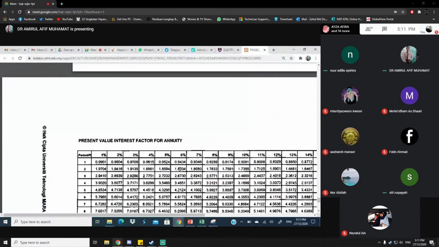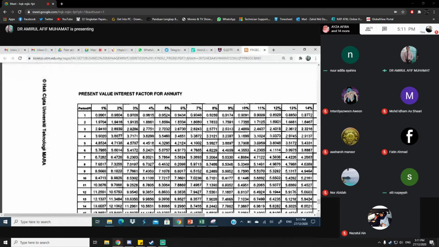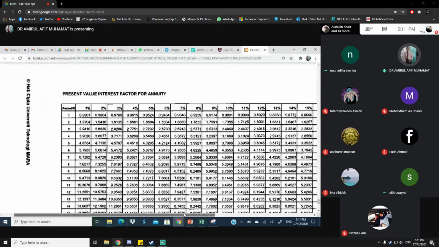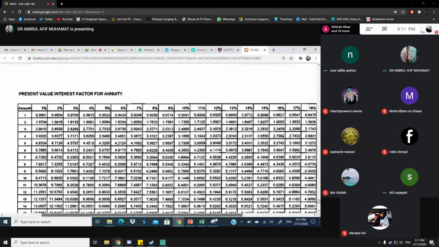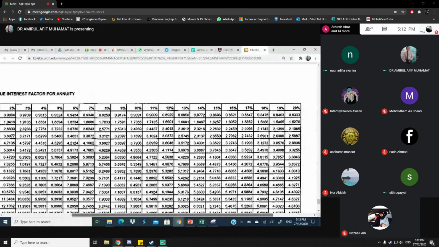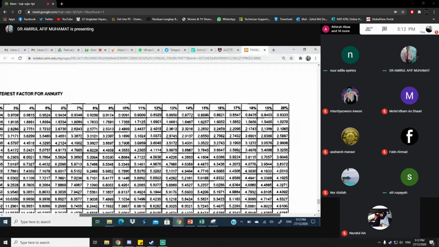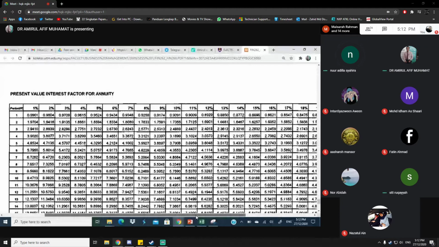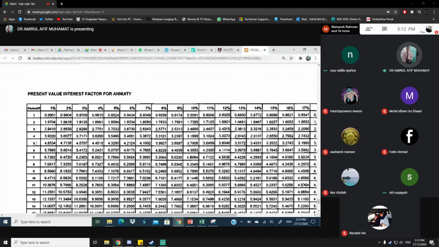Okay, annuity, 3.2308 kan? Sini kan? Dia 5 years. Saya tak nampak show apa, sebab tu you kena ada table you sendiri.